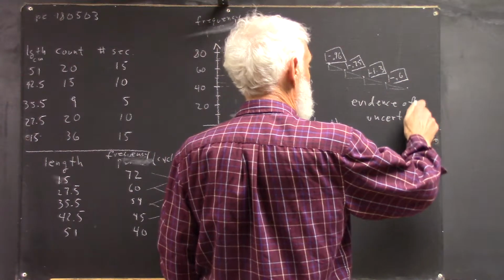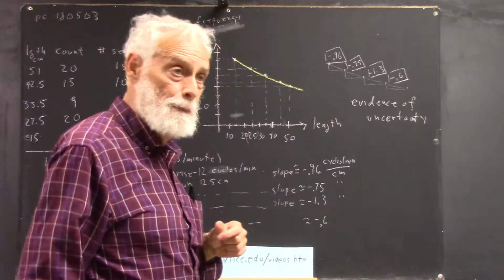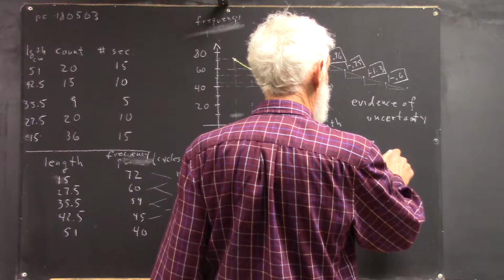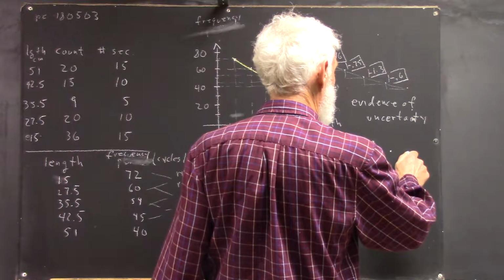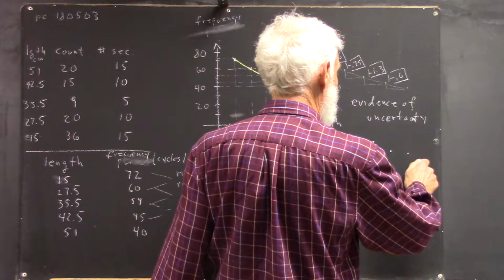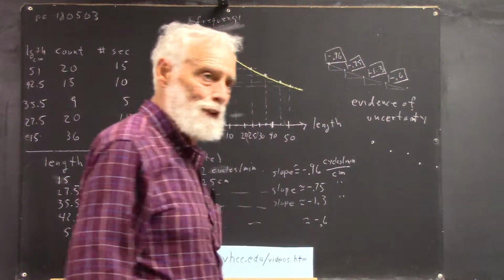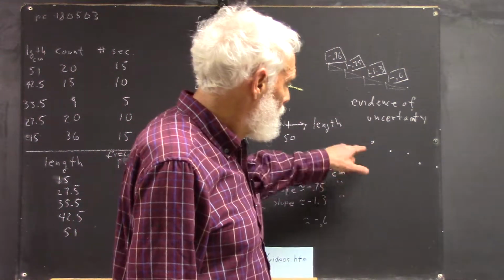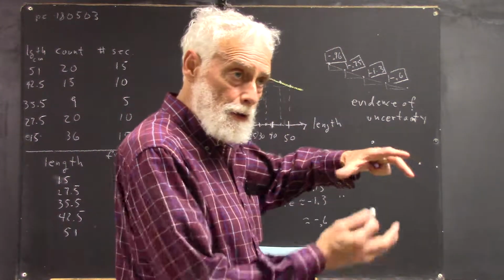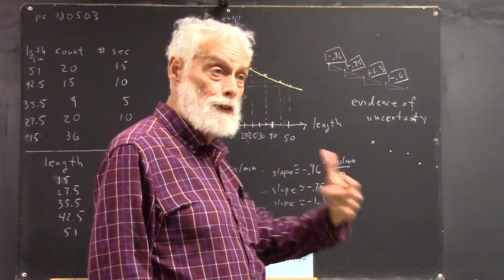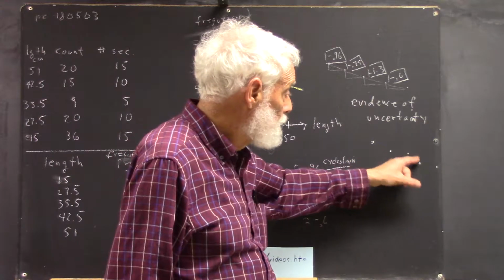So what we're seeing is evidence of uncertainty. The points are doing this, and they're doing this, and then that kind of does this, and then it does this, and then it does this. So if the points were graphed carefully on a well-chosen set of axes, the graph might look something like this.